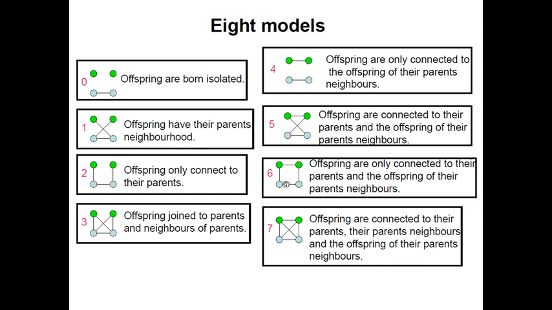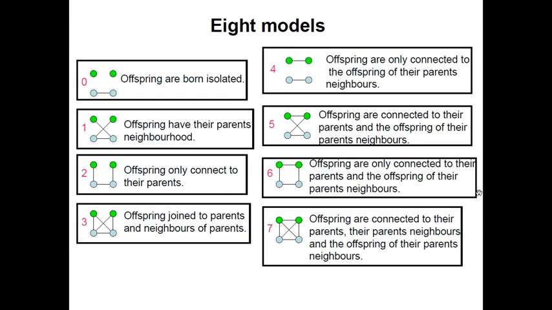Another model with a physical interpretation is this model 6 here. In this model, the offspring are linked to their parents and the offspring of their parents' neighbours. So you can think of this system perhaps as, well, think about mothers, daughters, and school buses.